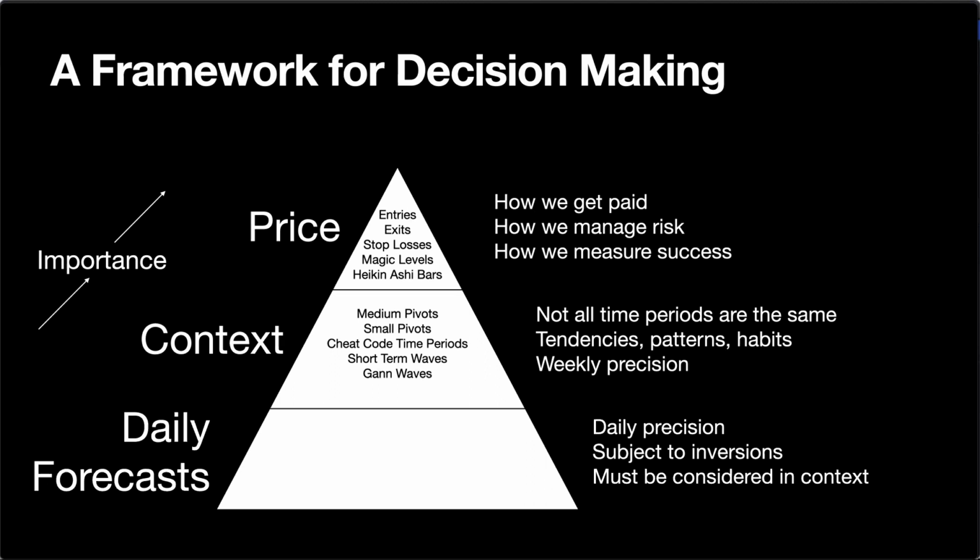And these need to be considered in context. These are the third most important, but I think some people treat them as the number one most important thing. These are the 6 probabilities that are generated for every day in the past and the future. And these are probabilities of a pivot up or a pivot down, or probabilities of up days and down days.